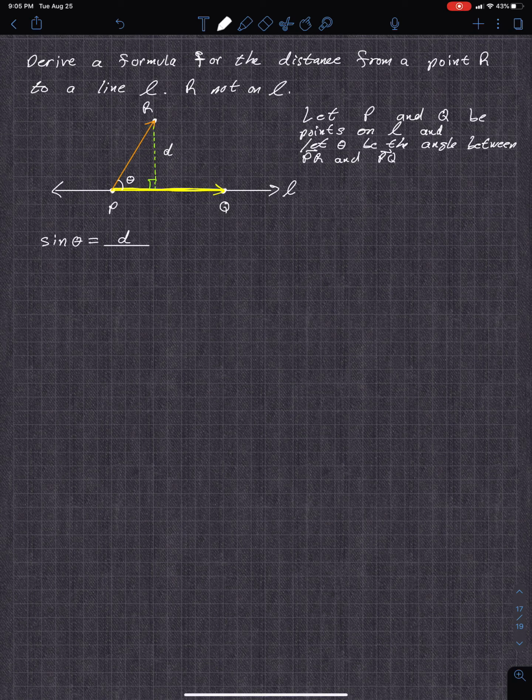So we'll assume those vectors we could create, PR and PQ. So we're going to do the magnitude of PR right here, and then we can solve for D. So D is going to equal magnitude of PR sine theta.